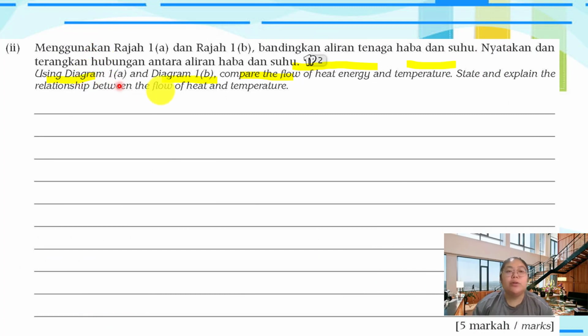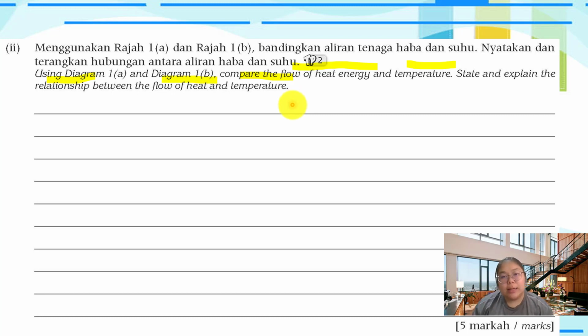Then you need to use diagrams A and B to compare the flow of heat energy, which one has more flow, and also the temperature. Then explain the relationship between the flow of heat and the temperature. From the first diagram, A transfers more heat energy to B, so A's temperature should be higher.